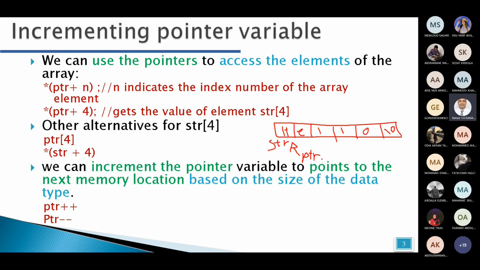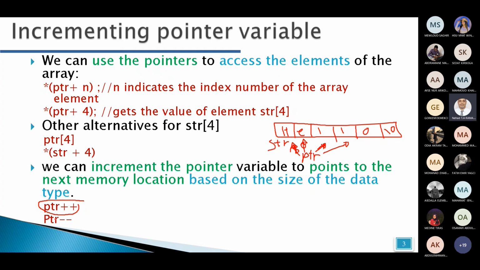To move forward, we can use ++. So ptr++ means move the pointer to the next element. So if the pointer is at the start, ++ means move this pointer to the next element. Okay, now it's here. If we say ++, it will move it to the next element.